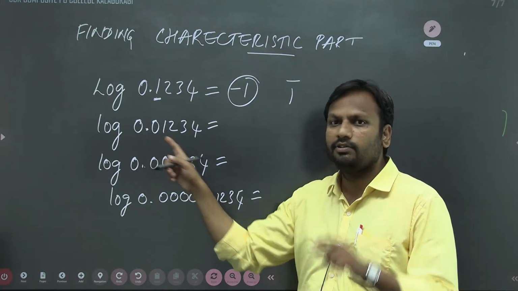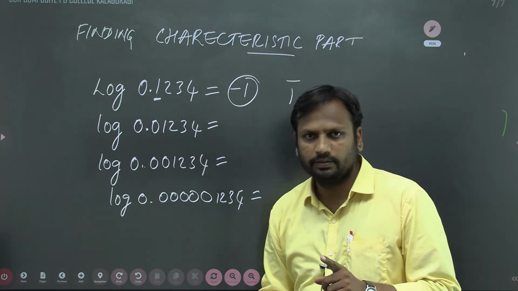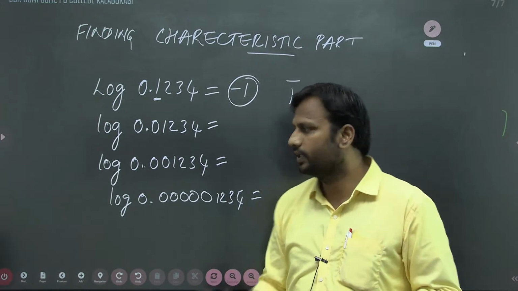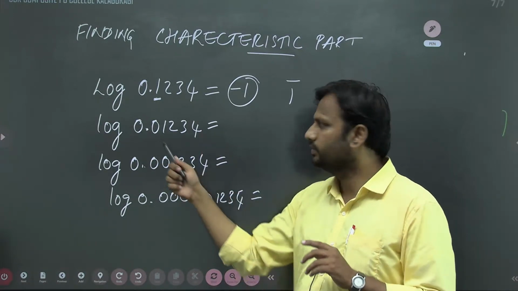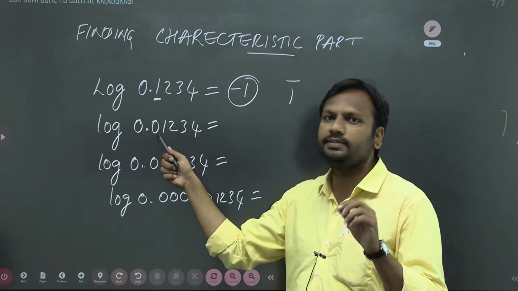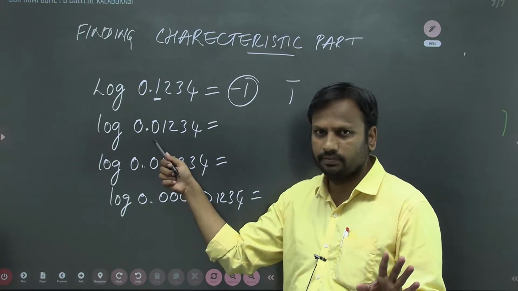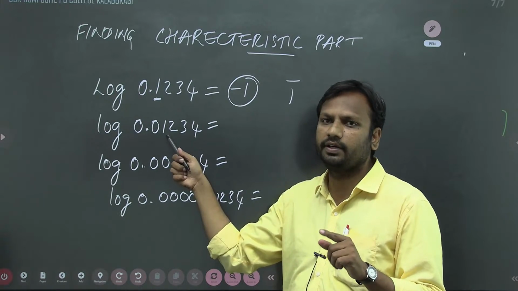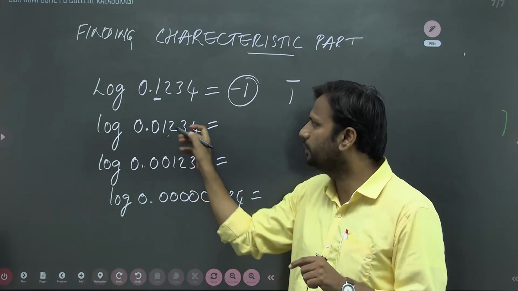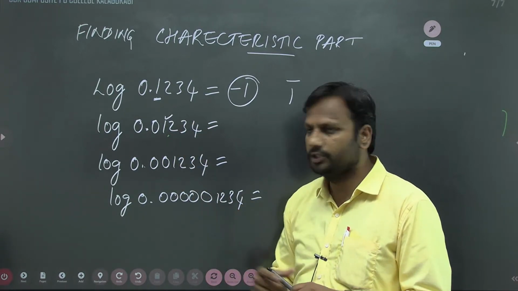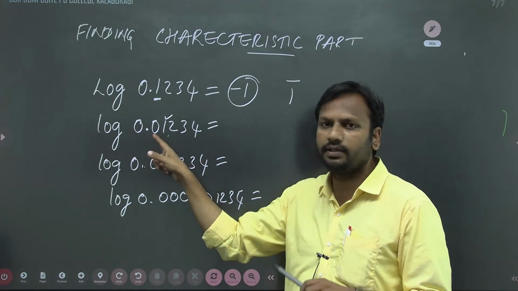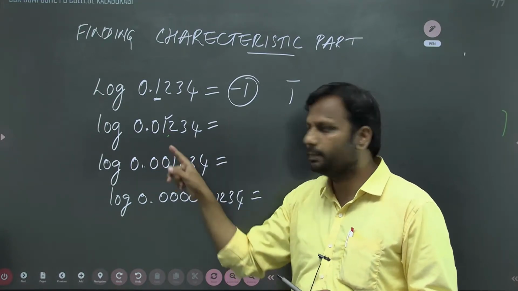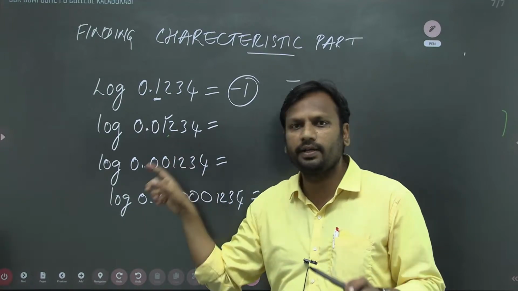Go for the position of the first non-zero quantity after the decimal point. Here, after the decimal point, it is a zero quantity, leave it. Next we have a non-zero quantity, the first significant figure after the decimal point. See the position: after the decimal point, one first position and second position. In the second position you have the non-zero quantity.